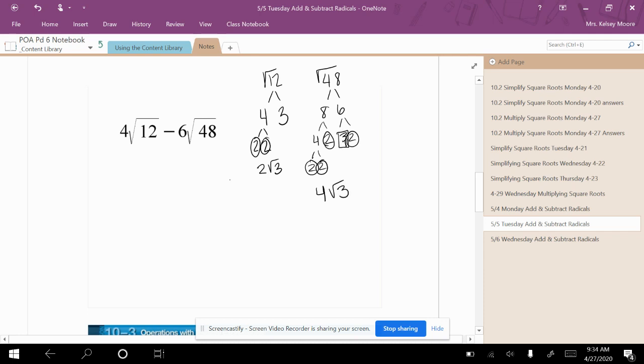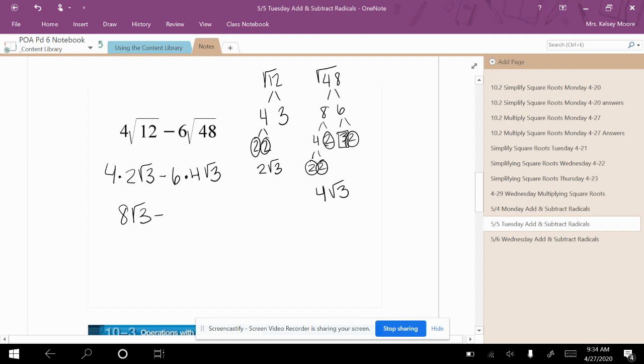So if I come over here and rewrite this, I have the 4 out front. Then the square root of 12 now is 2 square root of 3. And I have my 6. The square root of 48 is now 4 square root of 3. So when I multiply the numbers on the outside, 4 times 2 is 8 square root of 3.